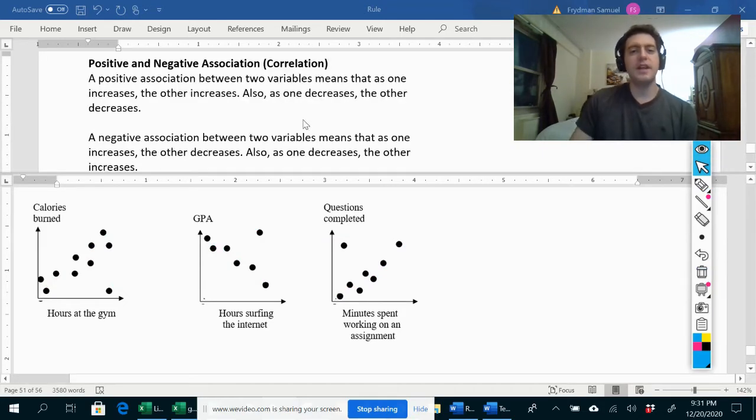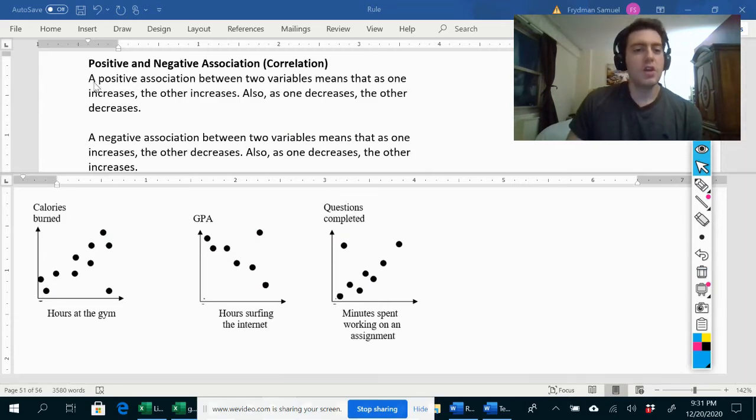To positive and negative association, or another word for that is correlation. A positive association between two variables means that as one increases, the other also increases. And as one decreases, the other one also decreases.